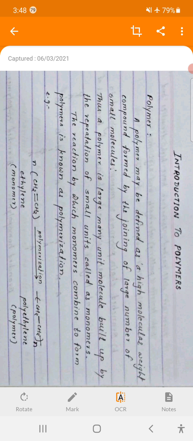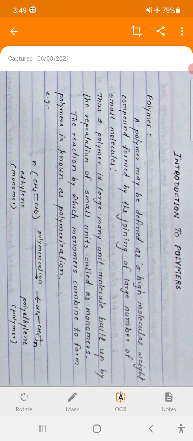That is, polymer actually is a very big molecule, a large molecule, which is formed from joining of many small molecules. And that resultant large molecule is known as polymer.